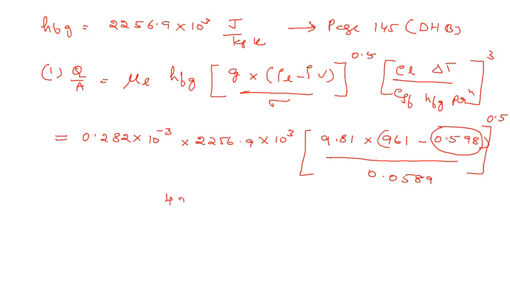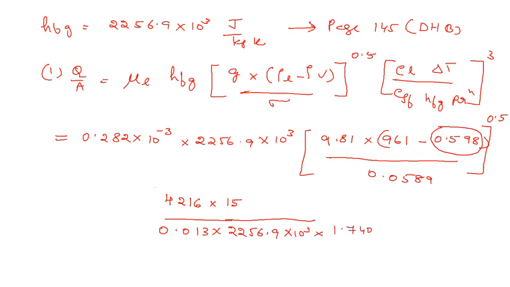Then the third term is 4216 into delta T, which is 15, divided by 0.013 into 2256.9 into 10 to the power 3, and Prandtl number is 1.740, and the entire thing to the power 3.